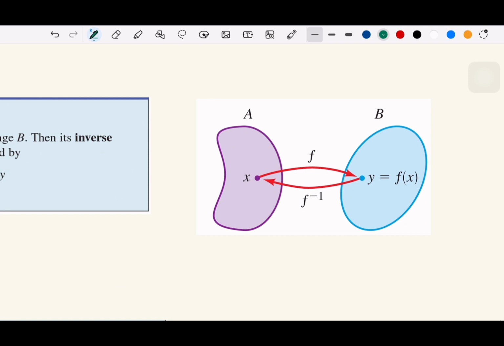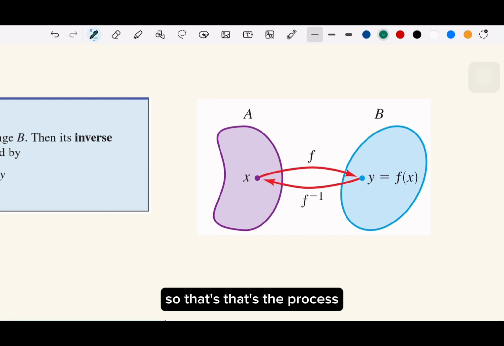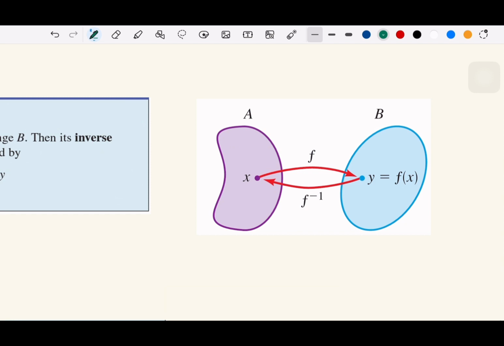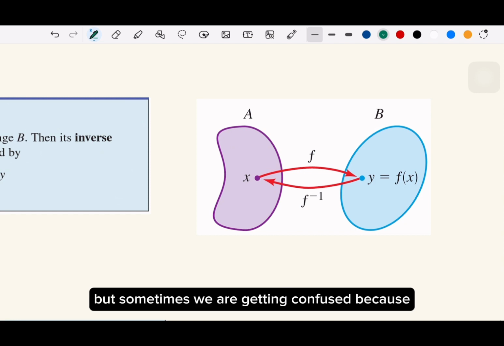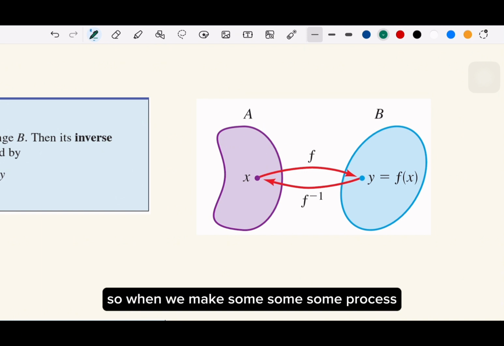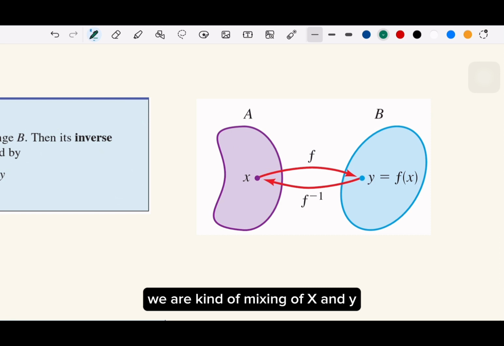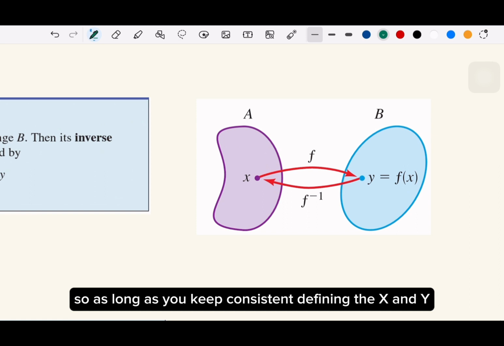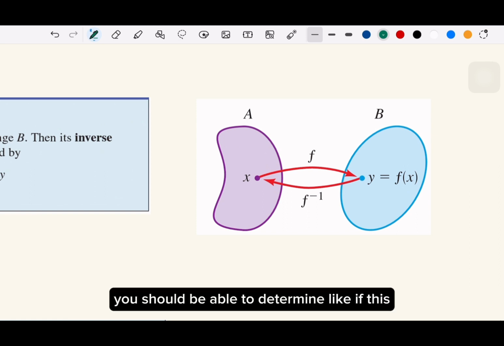That's the process. But sometimes we get confused because we already set our mind with y and x at the beginning, so when we do some process, we are kind of mixing up x and y. As long as you stay consistent in defining x and y, you should be able to determine, if you have a function, what the inverse is.